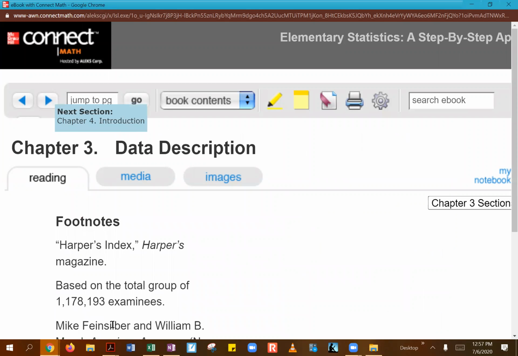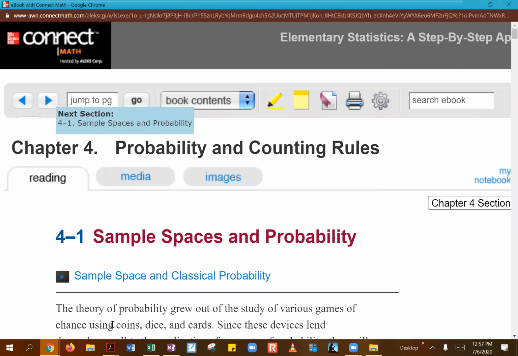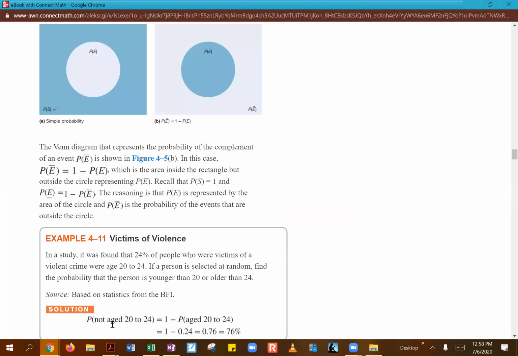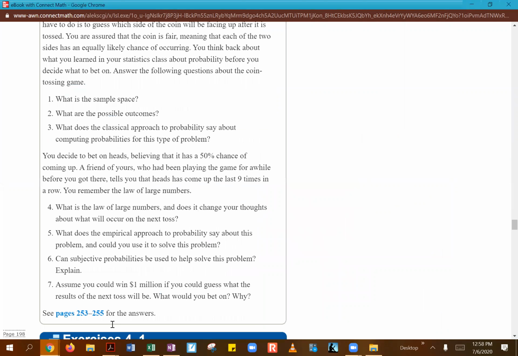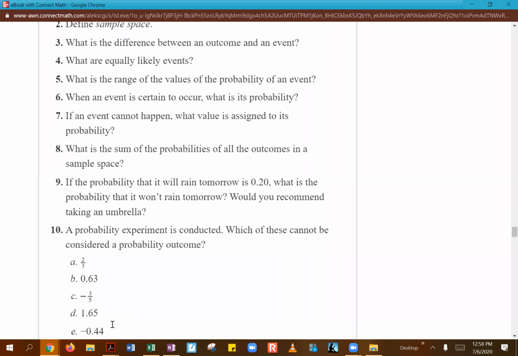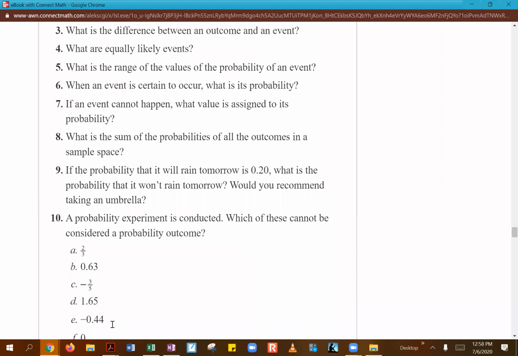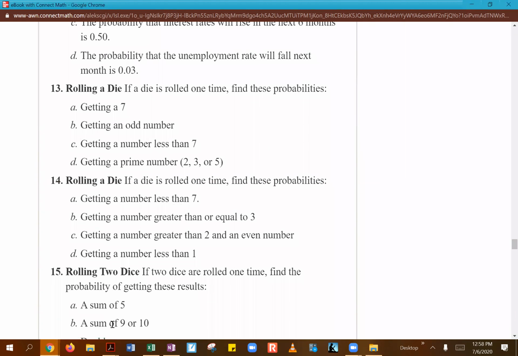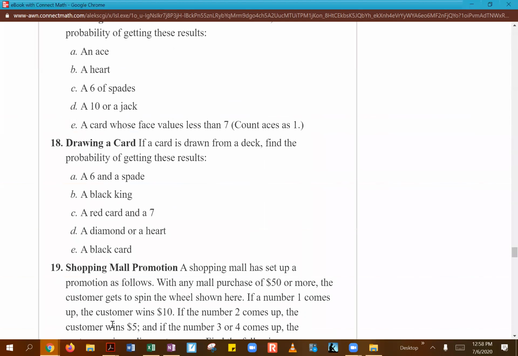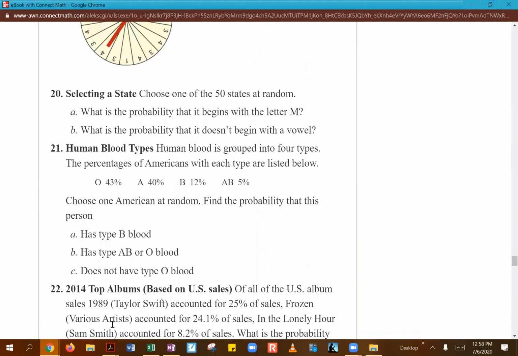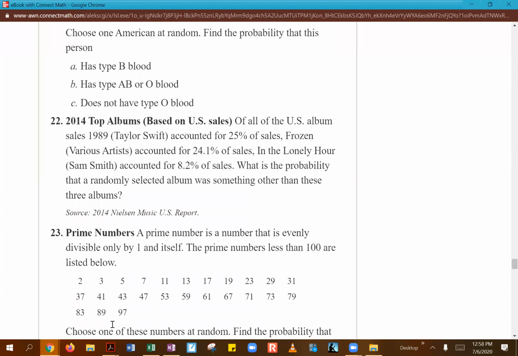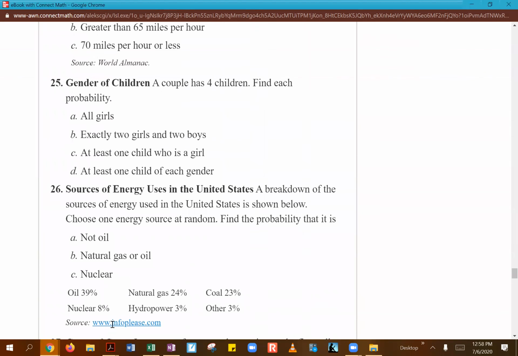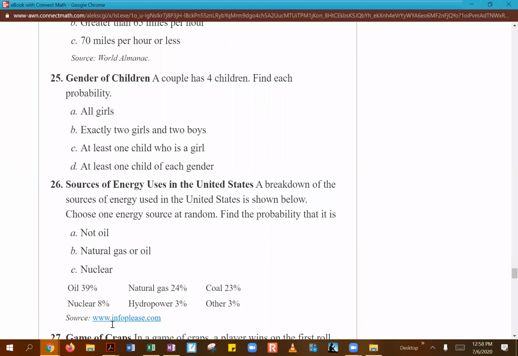We're coming up with our own sample space. Something like number 25.